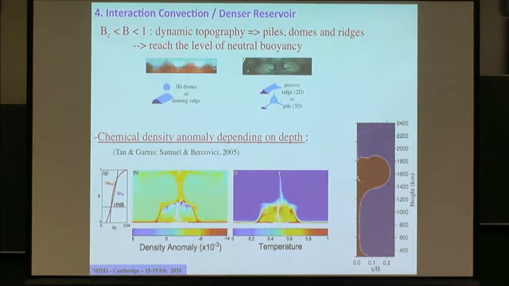This level of neutral buoyancy is still given by the buoyancy ratio, but it depends on pressure. And because of this, you can have some very interesting shapes, like those piles here, with very vertical and sharp interfaces. Again, here you can have a level of neutral buoyancy that is really extremely flat.